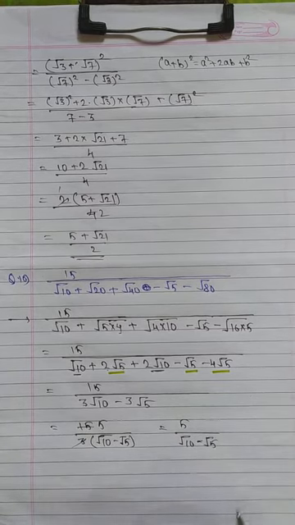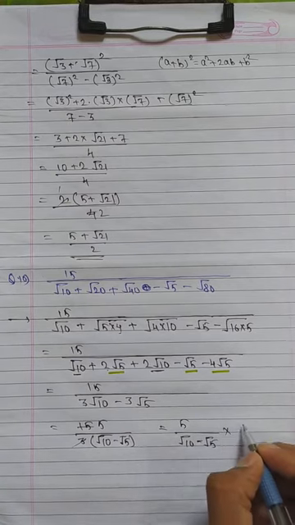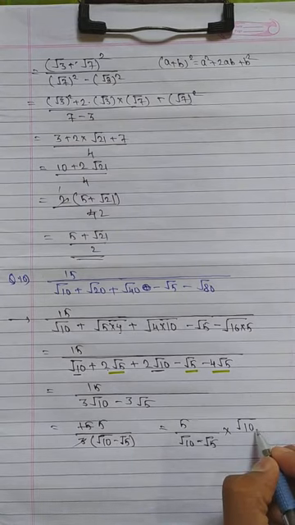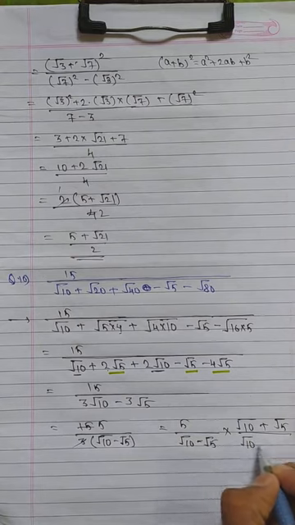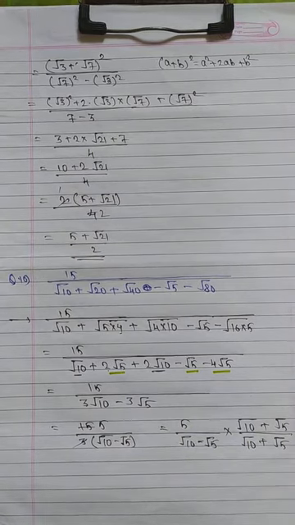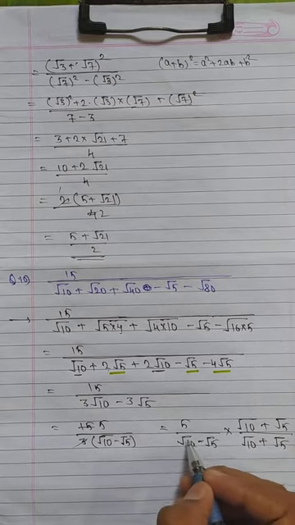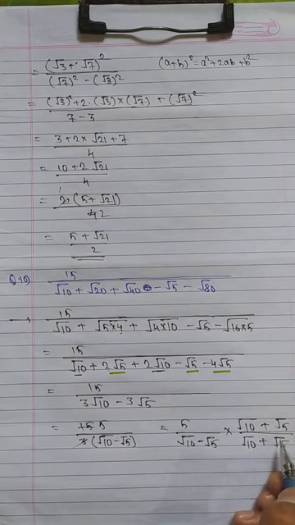Okay, now we need the rationalization of the denominator of this as well. So rationalization of the denominator is nothing but multiplying by root 10 plus root 5 upon root 10 plus root 5. The conjugate of this denominator is root 10 plus root 5.